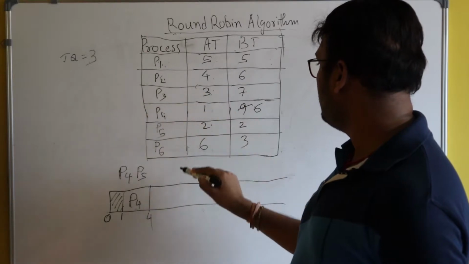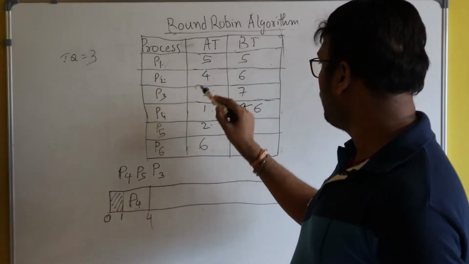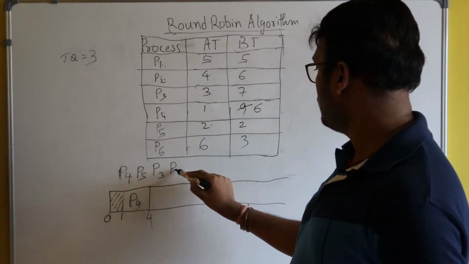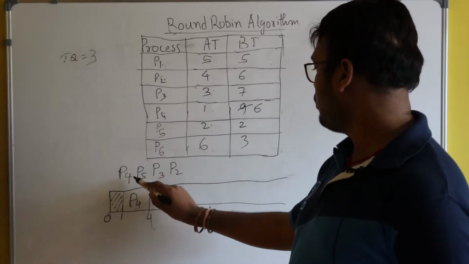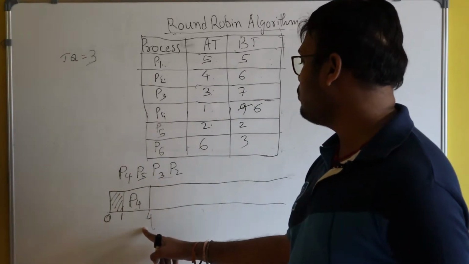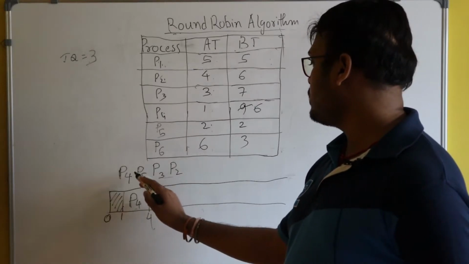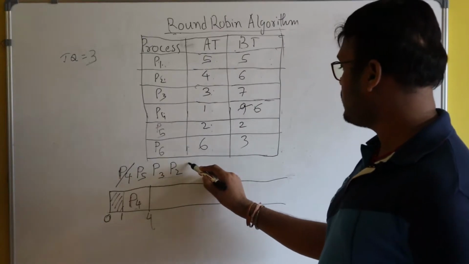In third second, P3 came. And in fourth second, P2 came. So the processes available till here are all these processes. Since the time quantum has expired, P4 will be removed from here and P4 will come and sit here.